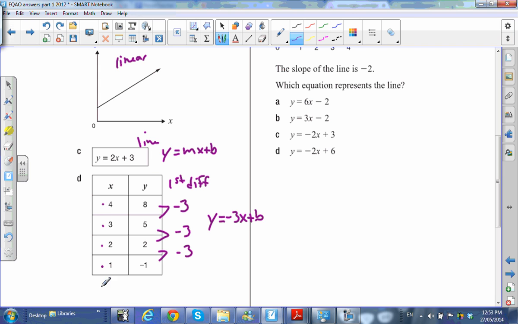Actually, we slipped up there because it's going down by 1. We should have been subtracting the other way. Normally you'd never see a table written 4, 3, 2, 1; you always see 1, 2, 3, 4. So a little error on their part, but really our slope would have been positive 3. But for determining whether it's linear or non-linear, it doesn't matter if you go 8 minus 5 or 5 minus 8. That makes no difference.